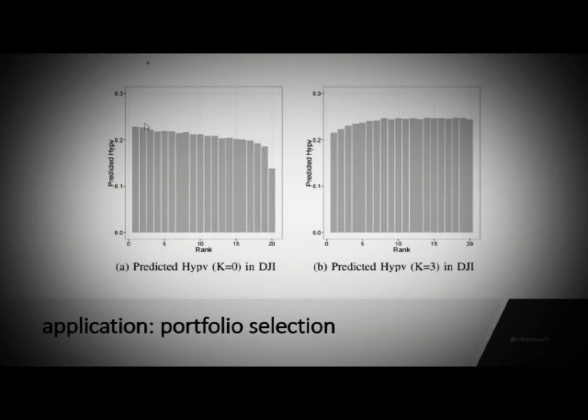Here you can see that the most risky portfolios were the ones predicting the best hypervolume for the Dow Jones index when we were not using prediction at all. K equals 0 means that we are just assuming the market to be static, which is absurd, but anyway.